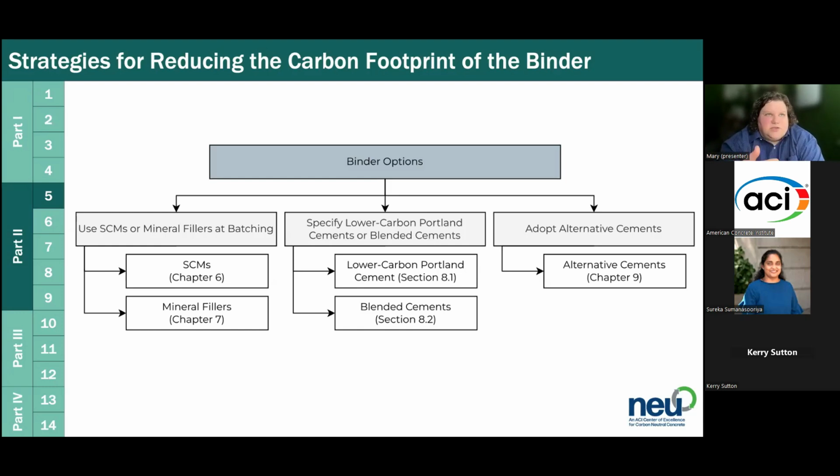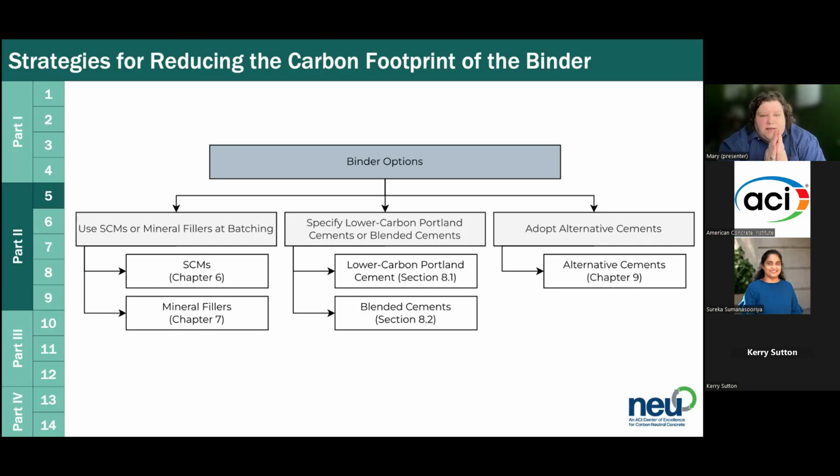But essentially, this is where maybe your buying power would come into play, where you could look at an EPD, for example, and ask what the GWP is, what those carbon emissions from Portland cement are. And you could potentially choose one with a lower GWP, if that company were making efforts to reduce it. And then within that category there are also blended cements, which I'll talk about.